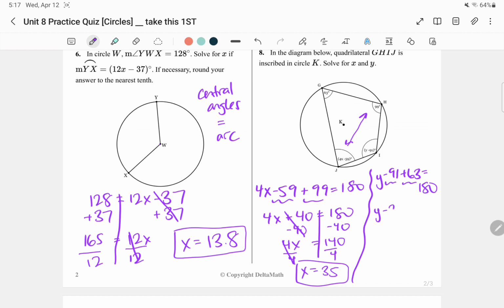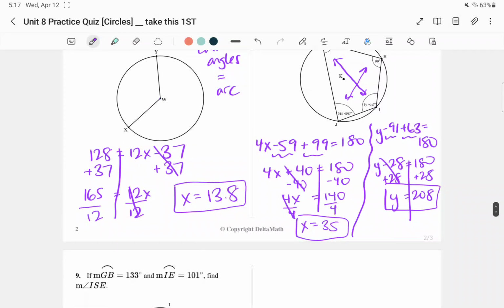So y minus 28 gives me 180. And then I'm going to add 28 to both sides. I get 208. So both of these, right, the opposite angles add up to 180, and I just solve for x. Make sure to combine like terms first. All right, we're almost there.